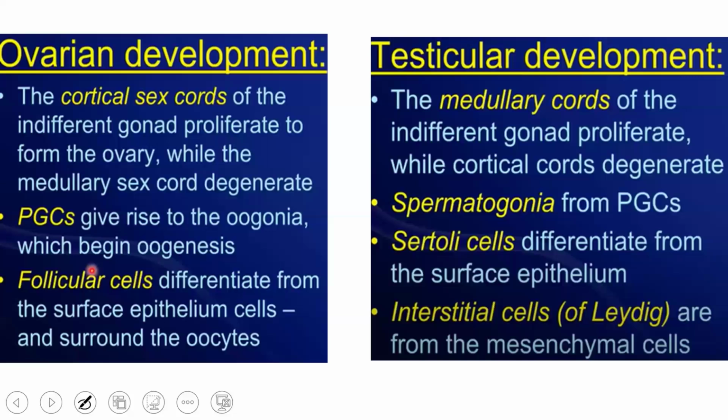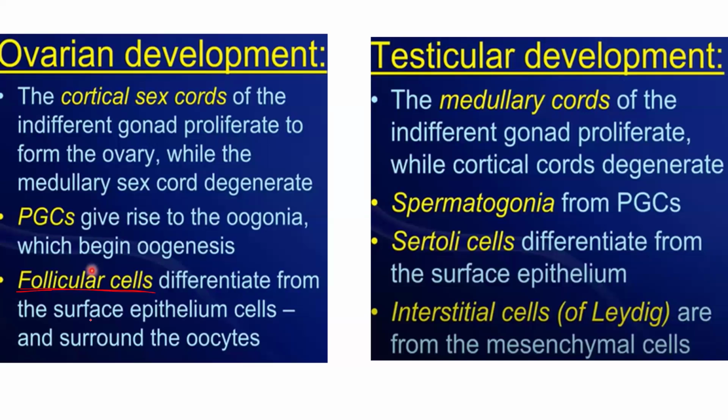Now, the ovarian development. Remember what we said in the ovary? It is the cortical sex cords which proliferate, whereas the medullary sex cords degenerate. The pluripotent germ cells give rise to the oogonia, whereas the follicular cells arise from the cortical cord cells.